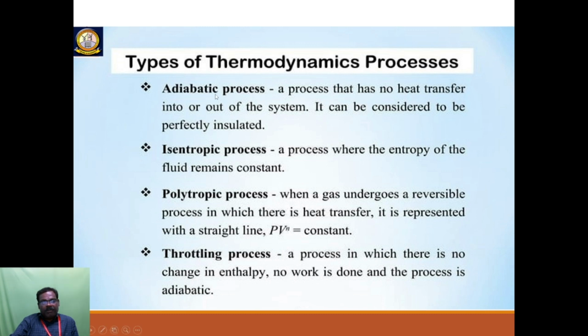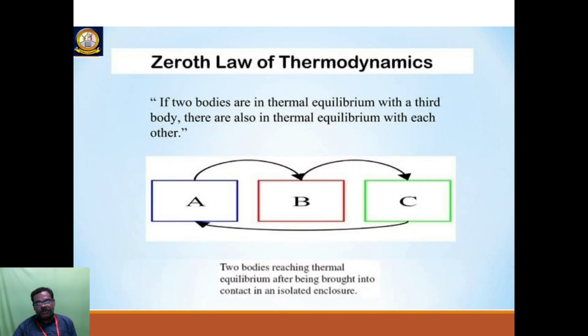Then you have the adiabatic process, with no heat transfer. If entropy is constant, it is an isentropic process. If the process follows PV^n equals constant, it is polytropic. A sudden expansion process is called a throttling process. These are all the basic things in thermodynamics.